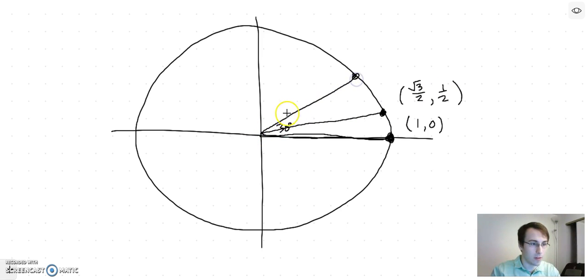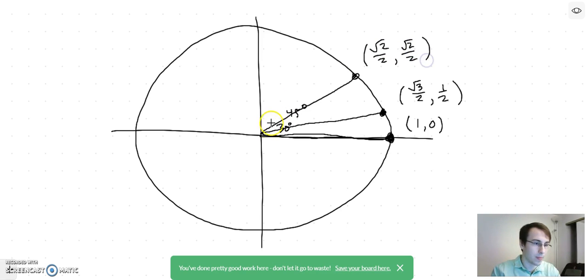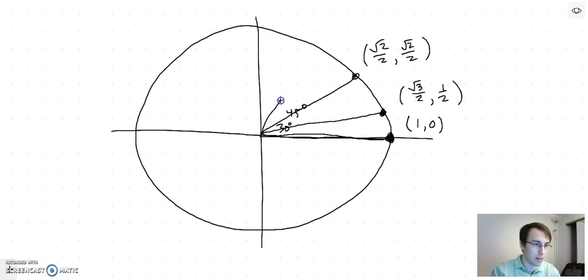Next up, 45 degrees. Here we've got root 2 over 2, root 2 over 2, and at 60 degrees, we've got 1/2, root 3 over 2.